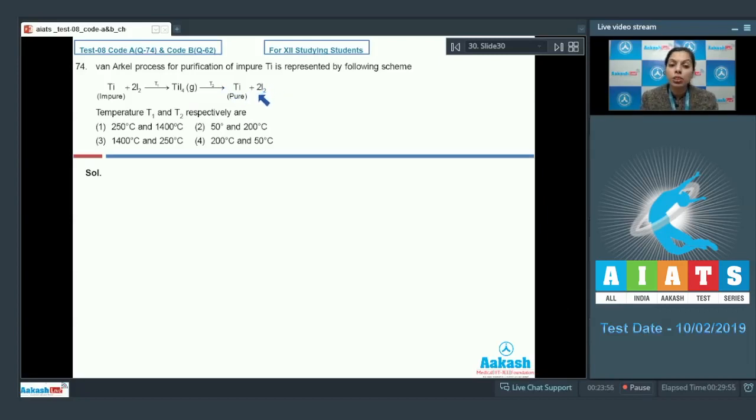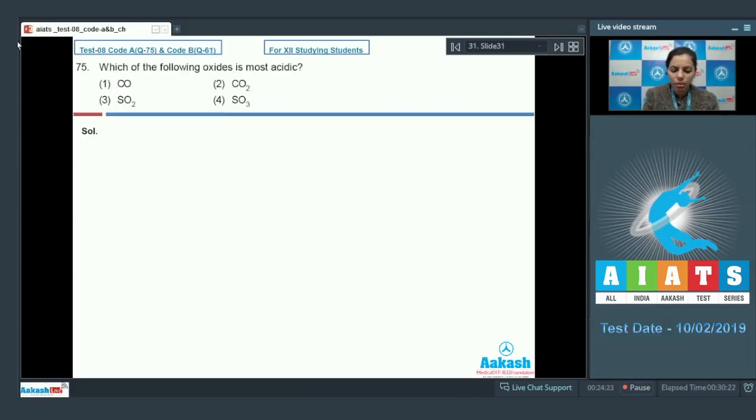In this particular process, certain temperatures are used. You need to just find out those temperatures T1 and T2. Basically, in this case, the temperature used for the formation of titanium tetraiodide is approximately 250 degrees Celsius, while it decomposes at 1400 degrees Celsius. And that's why option 1 is the correct option that I'll choose here.